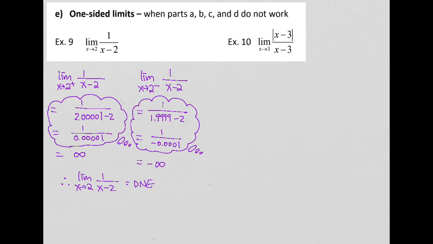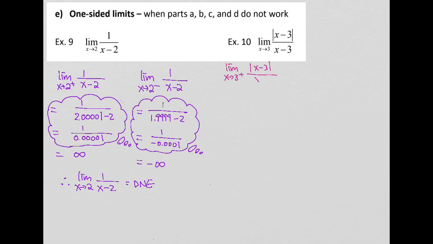The next example is an absolute value one. There are two ways to do it. One is to change to a piecewise function. The second is we just directly substitute a value on the right and on the left of the 3. So let's try this. Limit x approaching 3 from the right.